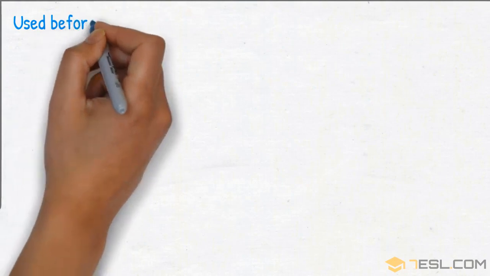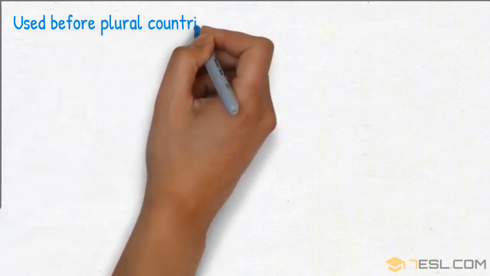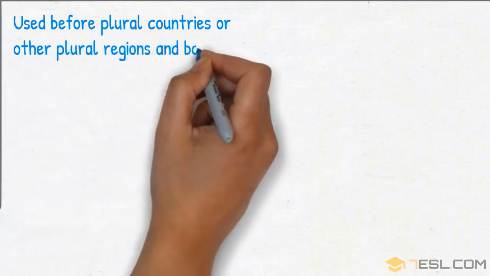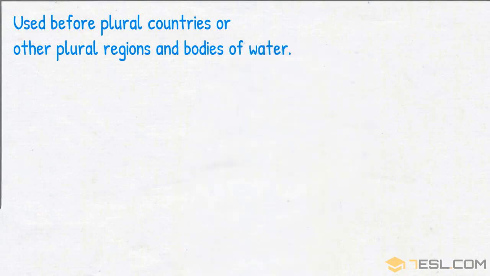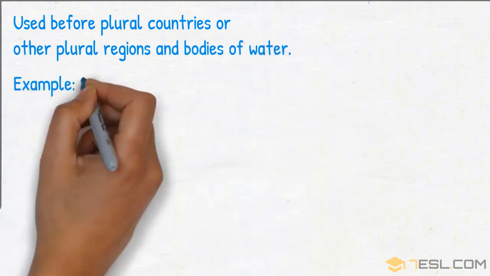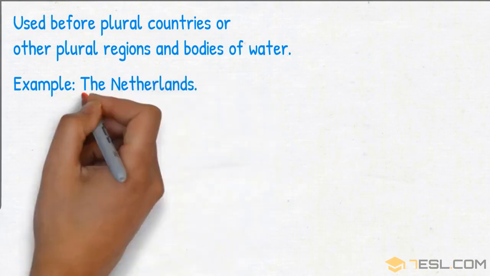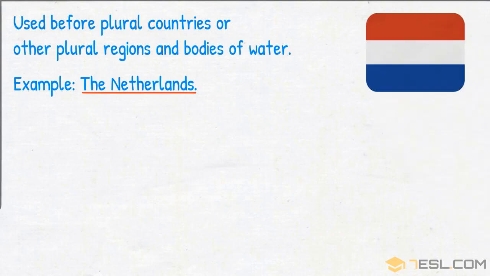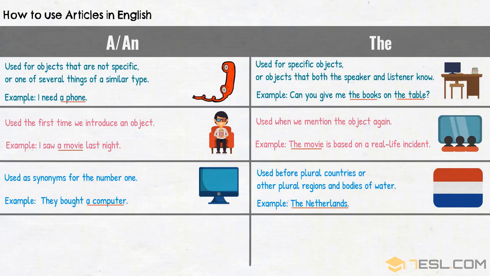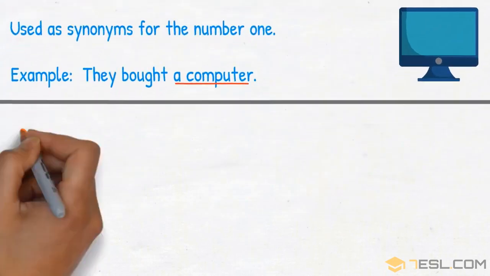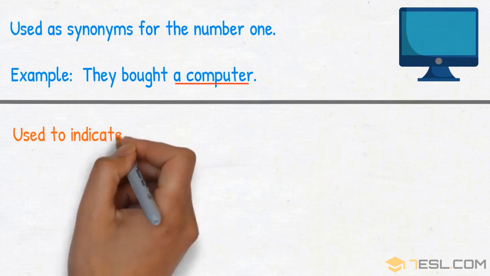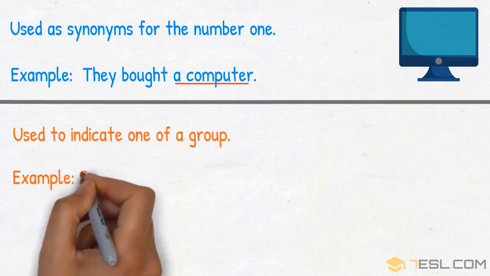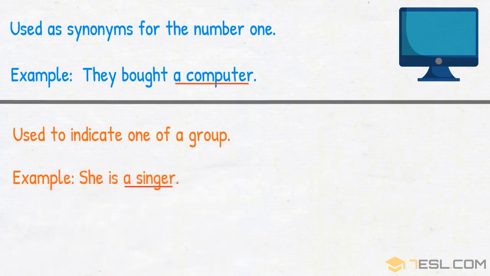The is used before plural countries or other plural regions and bodies of water. Example: the Netherlands. A and an are used to indicate one of a group. Example: She is a singer.